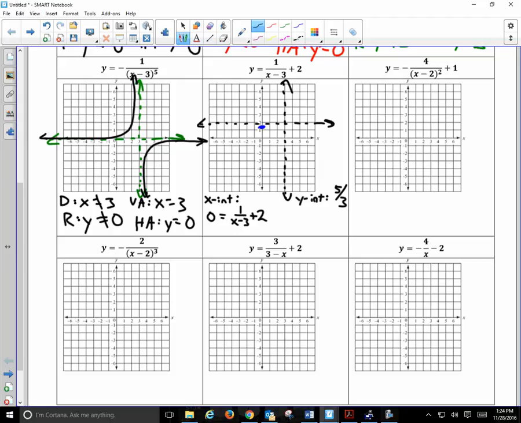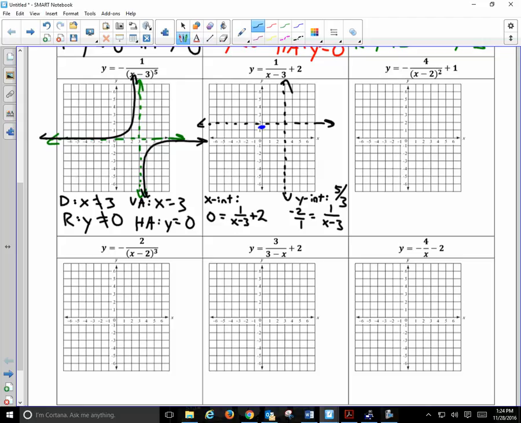You could multiply through by x minus 3, or subtract 2. Negative 2 is equal to 1 over x minus 3. I plugged in 0 for x, and when I did, I got 5/3. What do I do now?